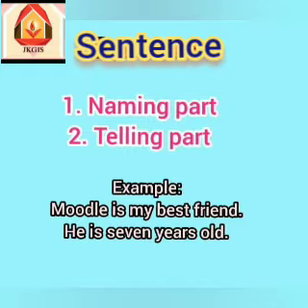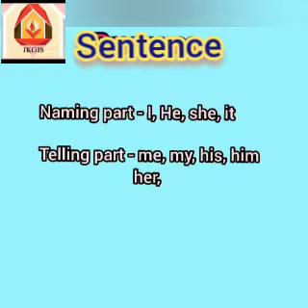So it comes in the telling part of the sentence. Words like I, he, she, it are pronouns that come in the naming part of the sentence, and words like me, my, his, him, her are pronouns that come in the telling part of the sentence.